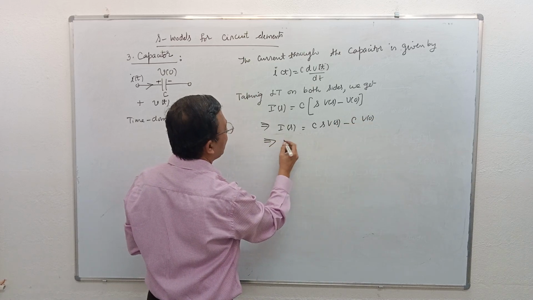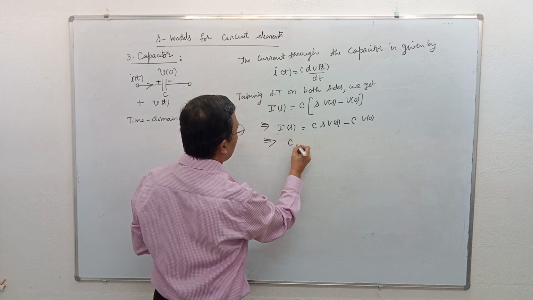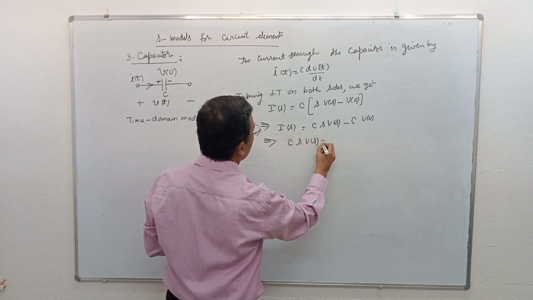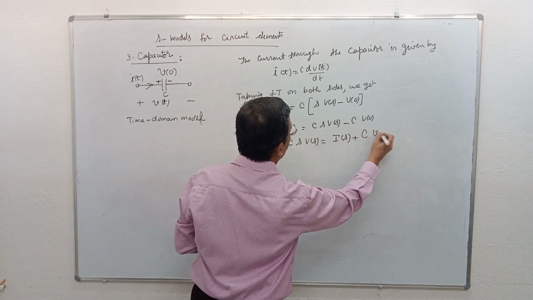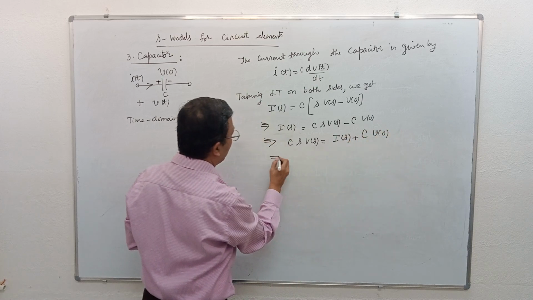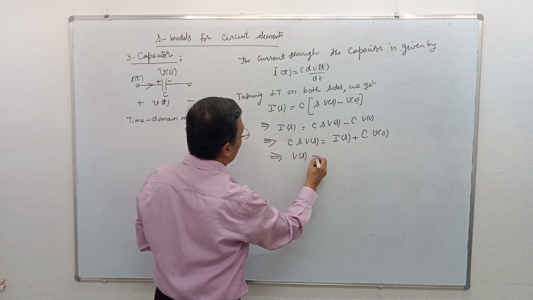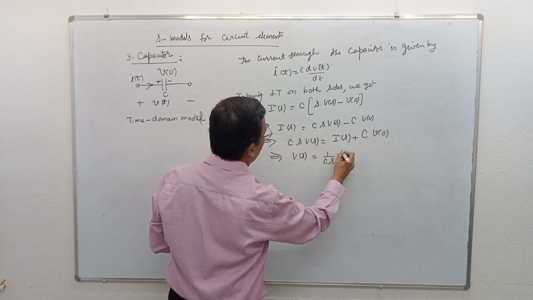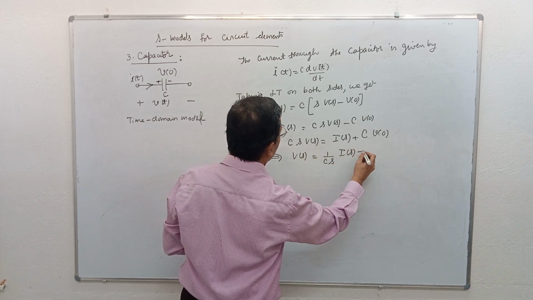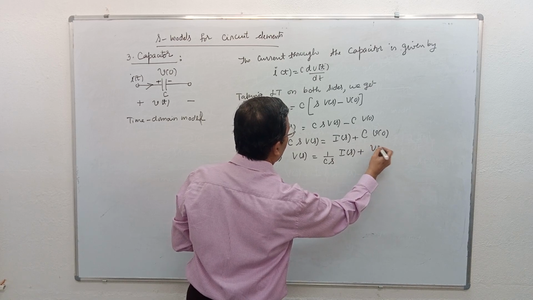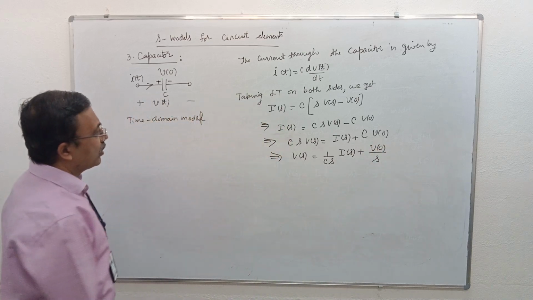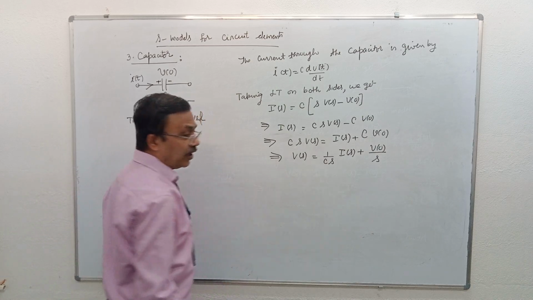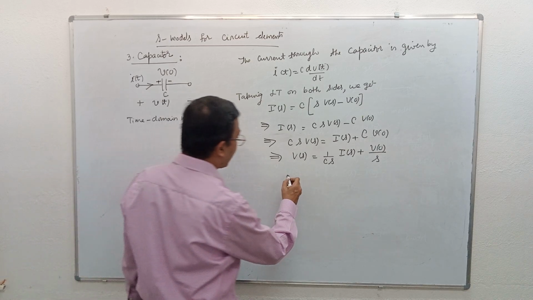This implies C into s into V(s) is equal to I(s) plus C into v(0). Divide throughout by Cs. So we get V(s) is equal to 1 by Cs into I(s) plus v(0) divided by s. Using this equation, let me write an electrical circuit.